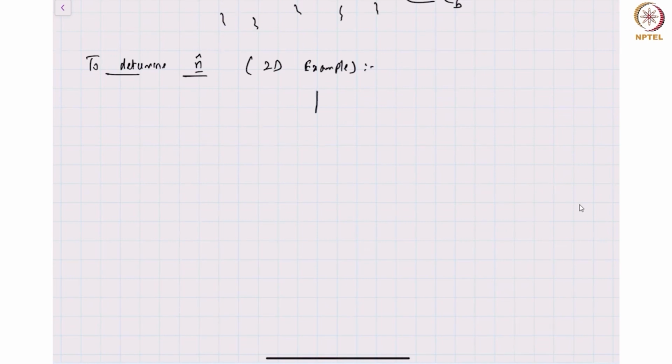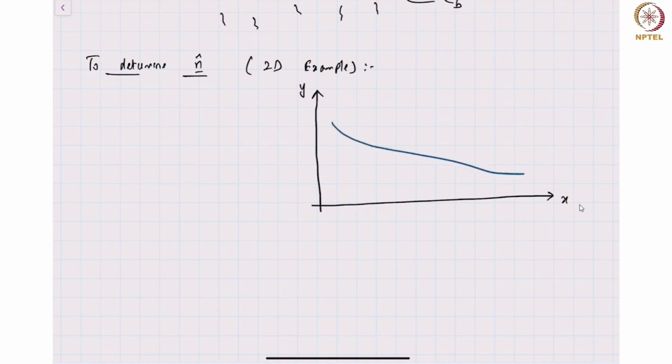So for example, let's consider a 2D system like this. We have the xy coordinates, and we have some arbitrary interface like this. Now, the interface itself is defined in the following way.